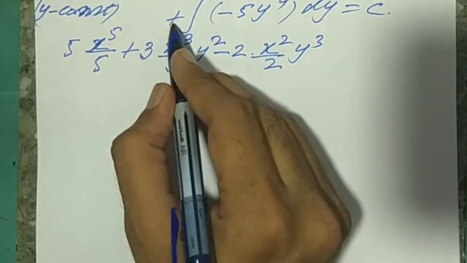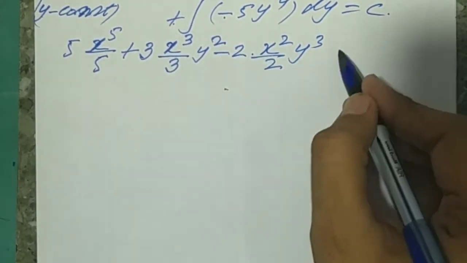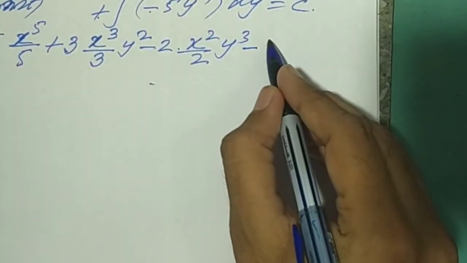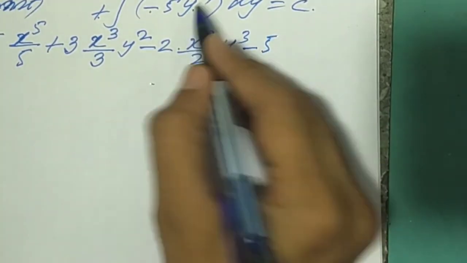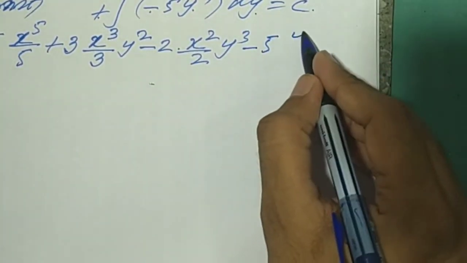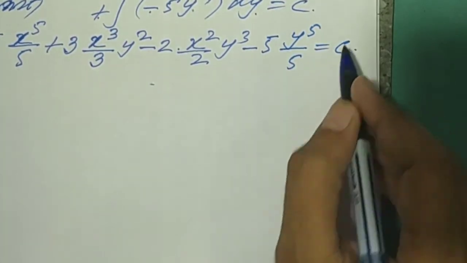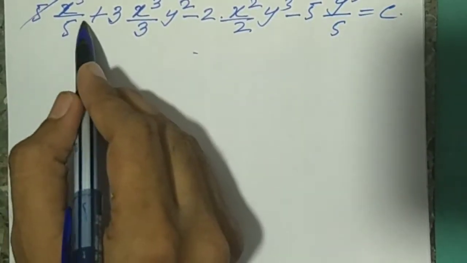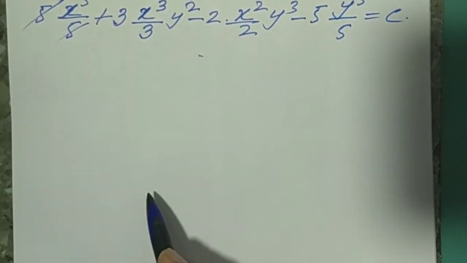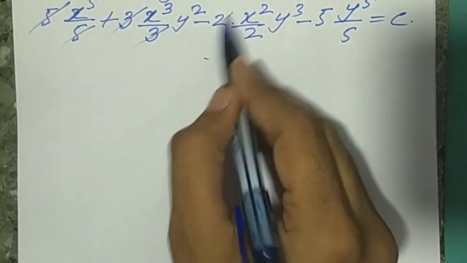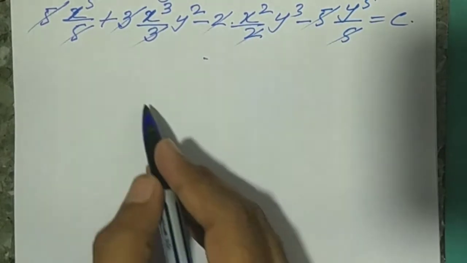Now next, plus into minus, minus 5, integral of y raised to the power 4 with respect to y will be y raised to the power 5 upon 5, is equal to c. Simplifying, 5 is cancelled by 5, 3 is cancelled by 3, 2 is cancelled by 2, 5 is cancelled by 5.